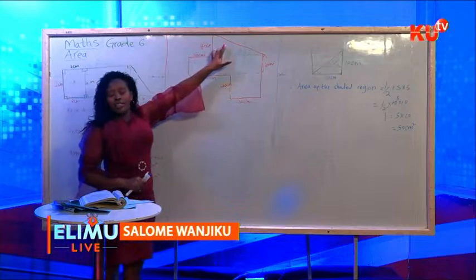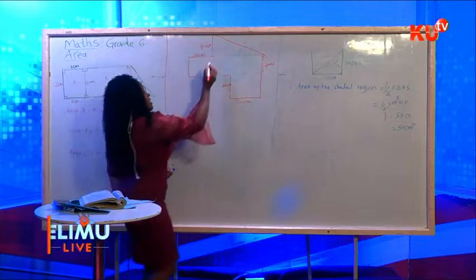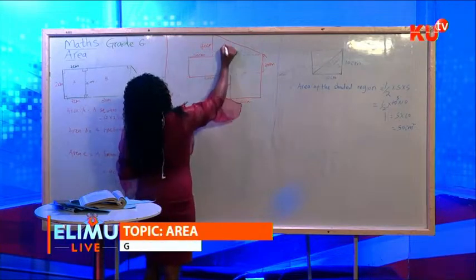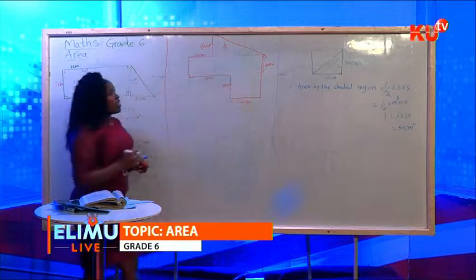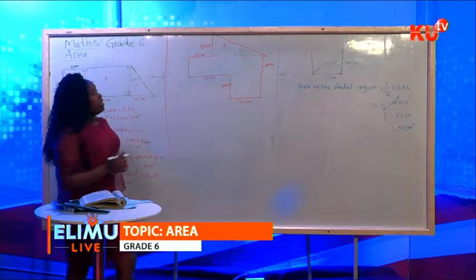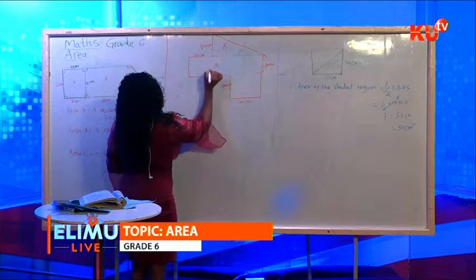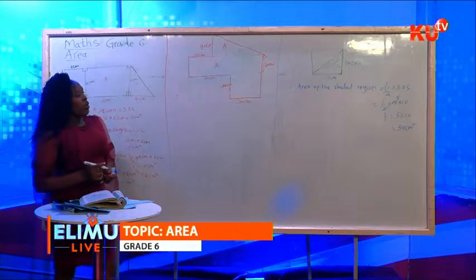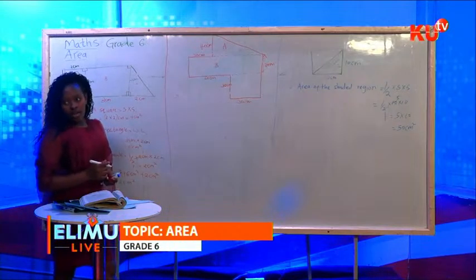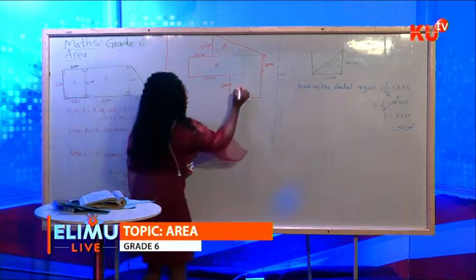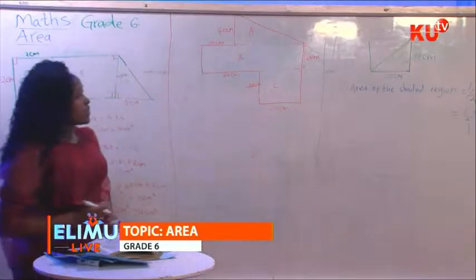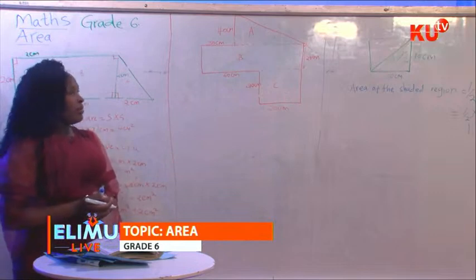So we have got a triangle, we label it as area A. So this is a triangle A. Then we have a rectangle, we can label it as B. Finally, we have a square and we can label it as C. So that is our diagram there.